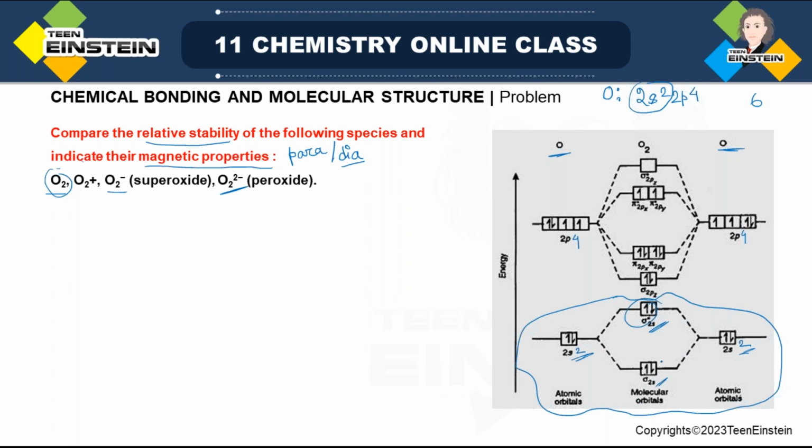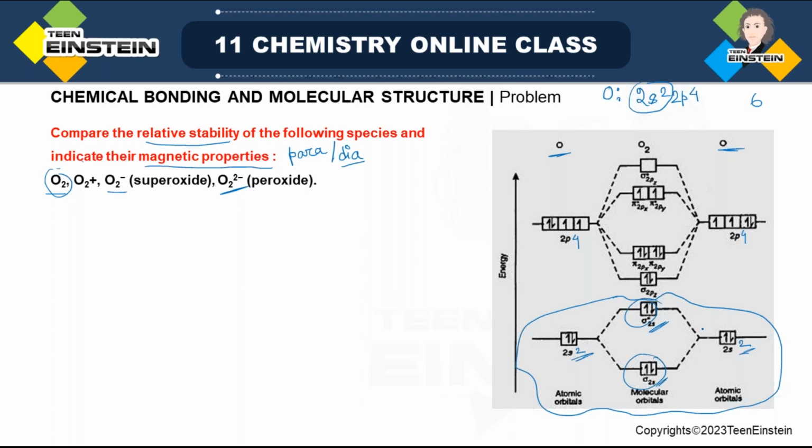So this will nullify each other when you calculate bond order. So if you consider it, fine. If you do not consider it, also fine, because it is fully filled. But suppose the configuration is 2s1, then it is not fully filled, it is not 2s2, so obviously you have to consider it.